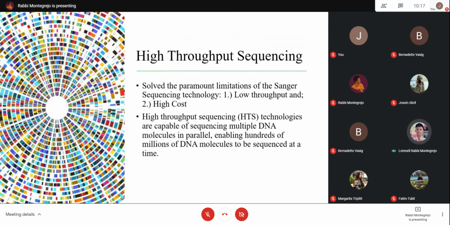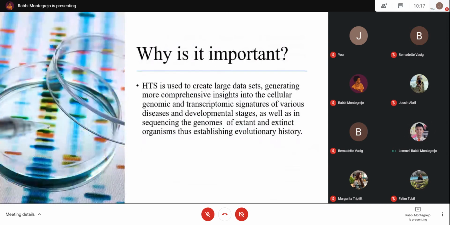So why is high throughput sequencing important? So important siya because HTS is used to create large data sets, generating more comprehensive insights into the cellular genomic and transcriptomic signatures of various diseases and developmental stages, as well as in sequencing the genomes of extant and extinct organisms, thus establishing evolutionary history.